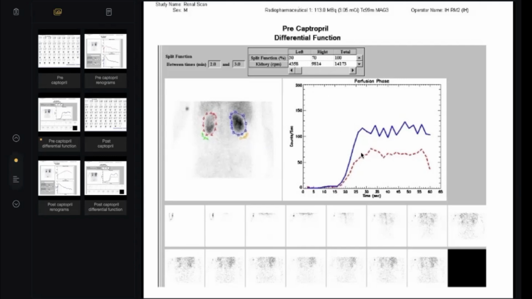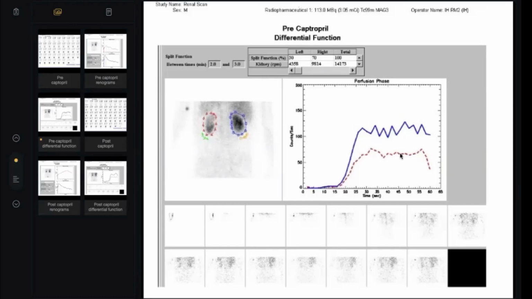The left one is poor function and only excretes 30% of the tracer. So the right one takes the majority of the responsibility, and it excretes the majority of the tracer. How much? 70%. So the difference is more than 10%, and there is abnormality here, poor function.